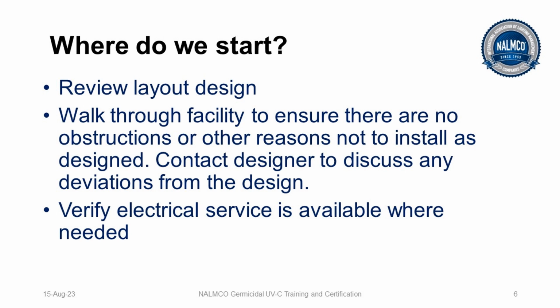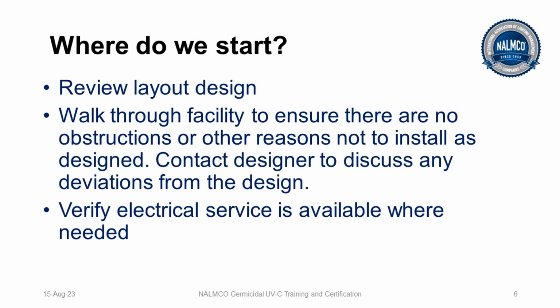So what would you find as a potential deviation? Well, maybe they had architectural features suspended from the ceiling, so you can't really irradiate the whole portion of the upper room. So you may have to redesign the fixture type. Perhaps there are some beams or other items such as ventilation ducts, signs, parts of walls that aren't on the diagram itself that could impede or stop the UV from reaching its full potential across the room.